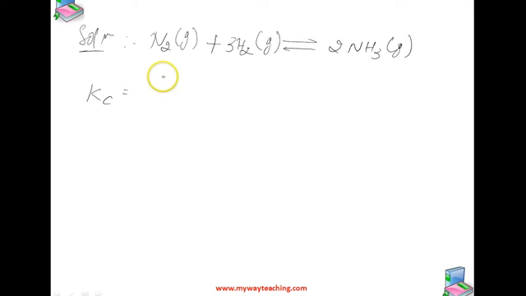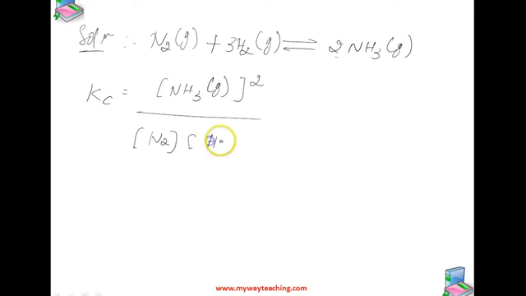So the product is NH3, and its coefficient is 2, and the reactants are dinitrogen and dihydrogen whole raised to 3.